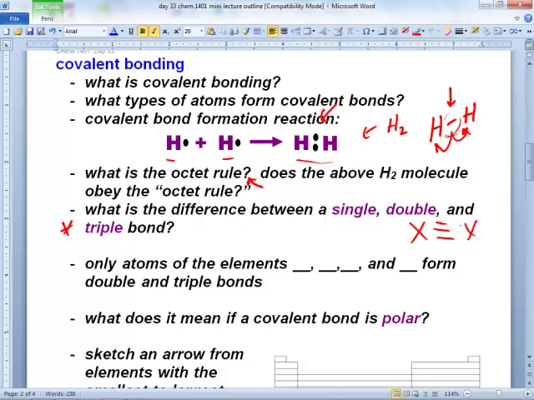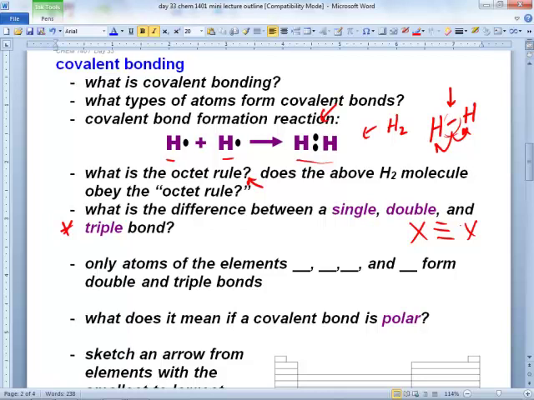Aaron, which one would be the shortest? I think these bonds are going to have different lengths. Would the single, double, or the triple be the shortest? Now, I want you to picture it as the triple bond, and the reason why is because think of it as a spring.